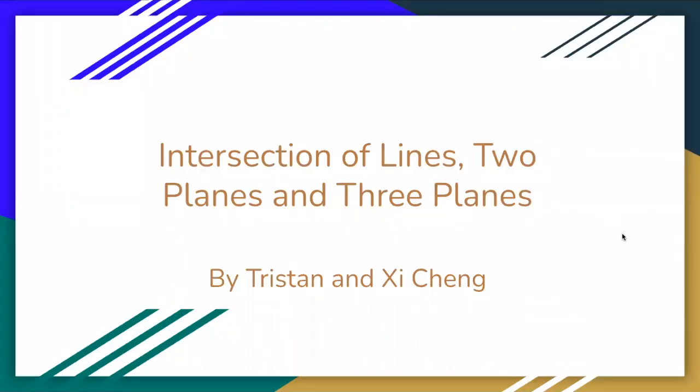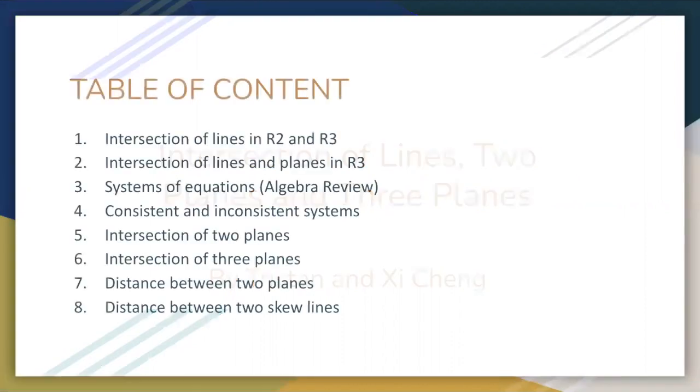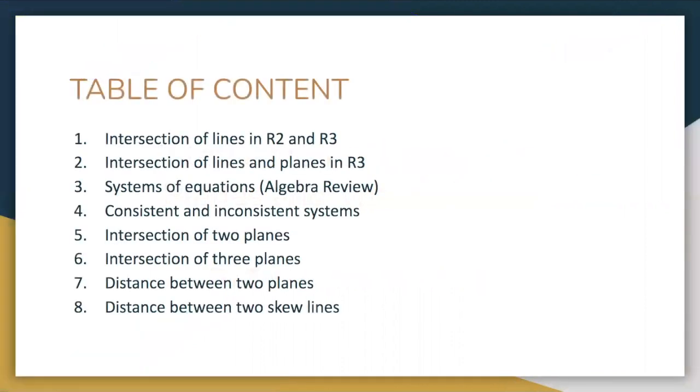As you can see right here, me and my partner Zicheng have created a slide for the intersections of lines, two planes, and three planes that can help you understand better. Right here is a table of contents with all the subtopics.